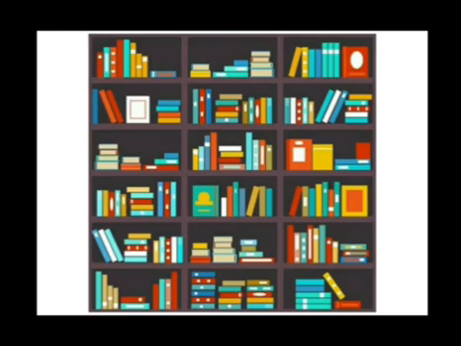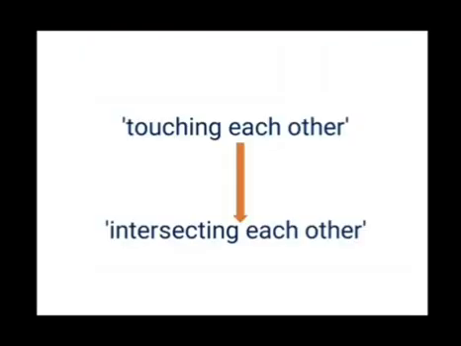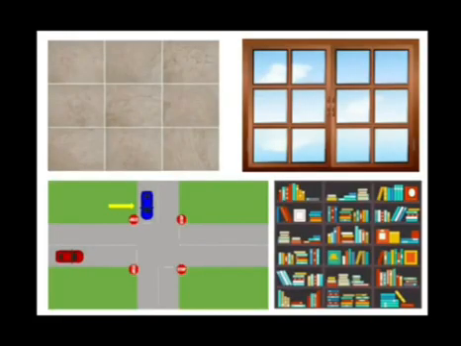Now, in the pictures, we saw that the lines present in them were touching each other, meaning they were intersecting each other. And looking at the intersection, we saw that they formed a right angle. The floor tiles, window panels, the four-way road, and the bookshelf formed a right angle of 90 degrees.